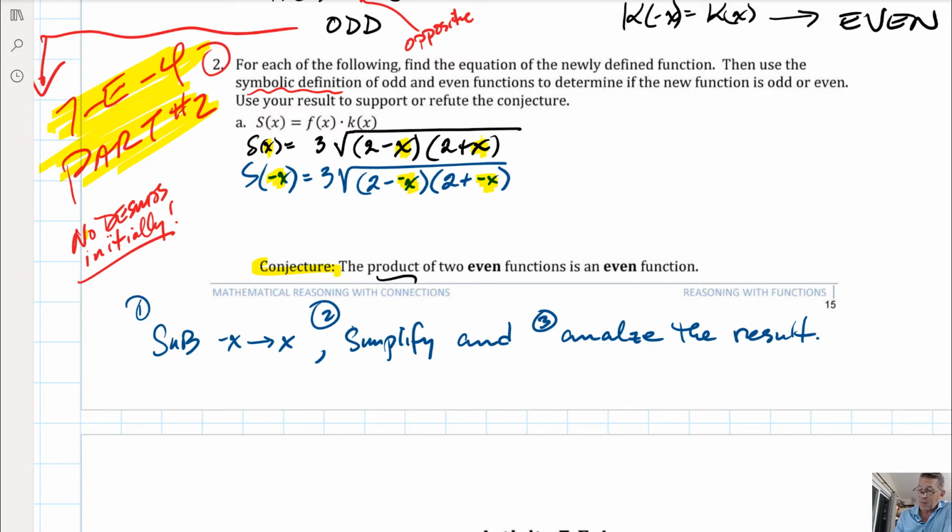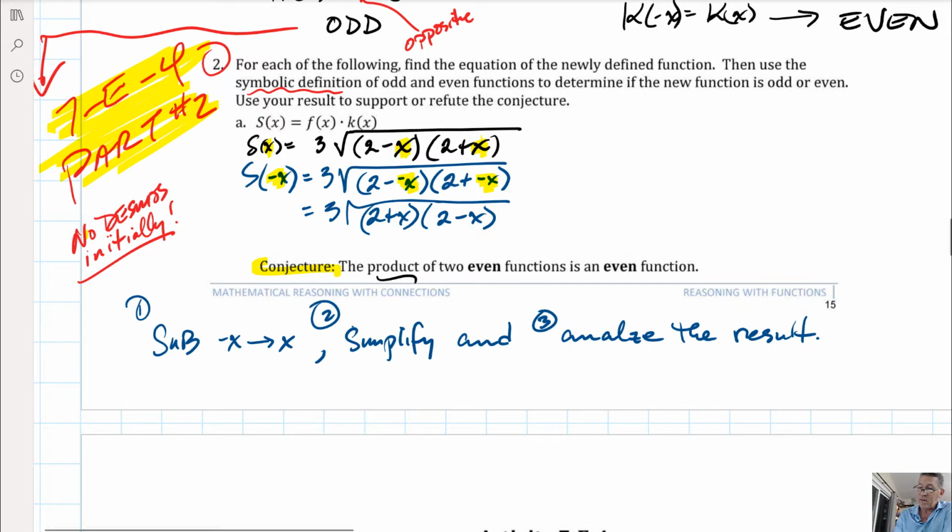And then step 2 is to simplify. So let's just use our common sense. So I got 3 times the root. 2 minus a negative x is the same thing as 2 plus x. And 2 plus a negative x is the same thing as 2 minus x.